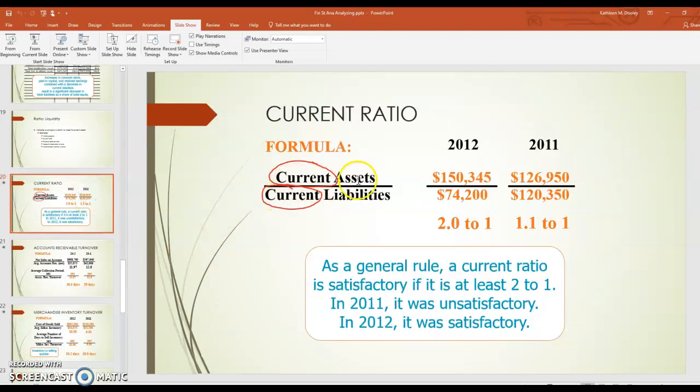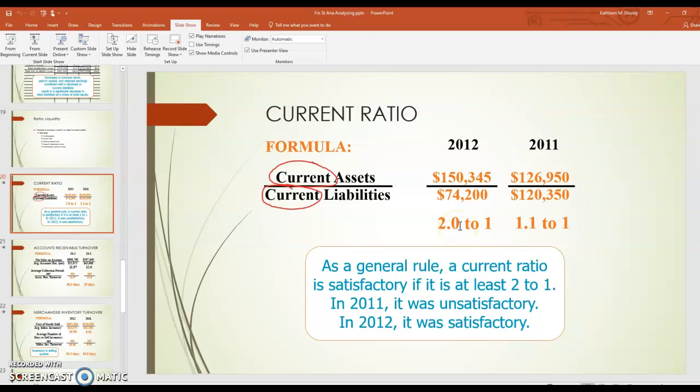So that's what we're looking at now. We're looking at that total current assets divided by the total current liabilities for 2012, and we're also looking at 2011. So when I divide that number out, 153.45 divided by 74,200, I get 2.0.